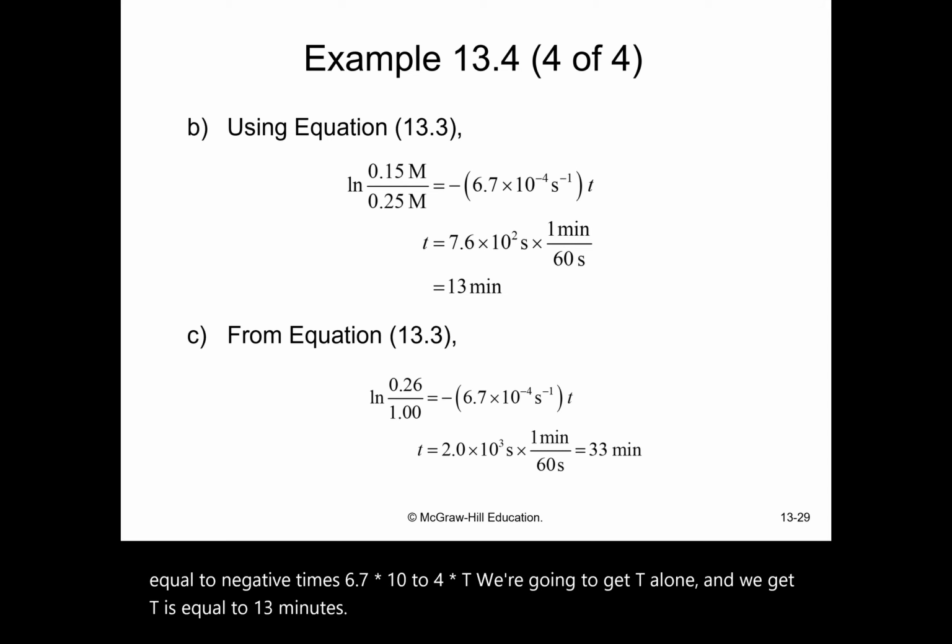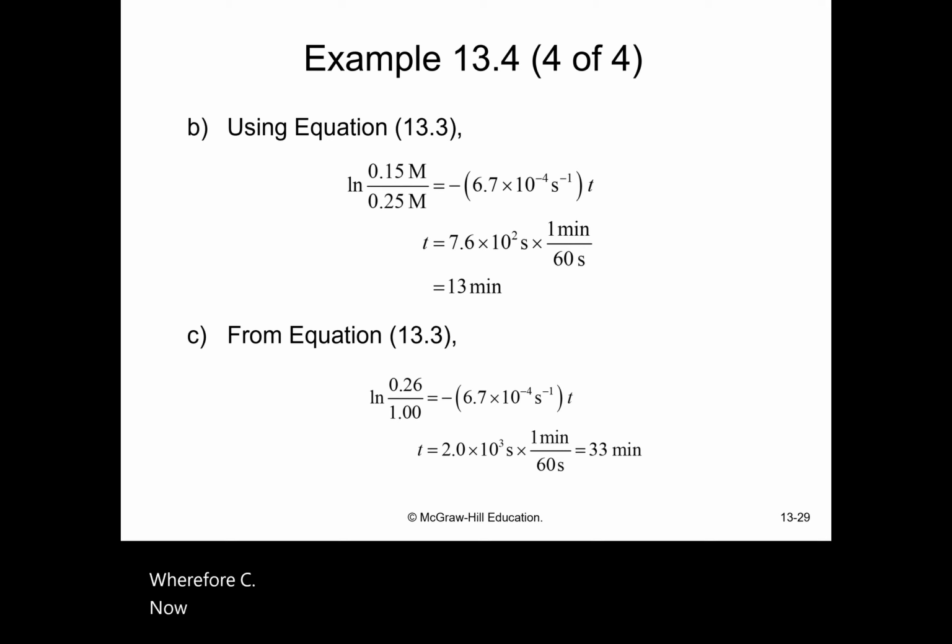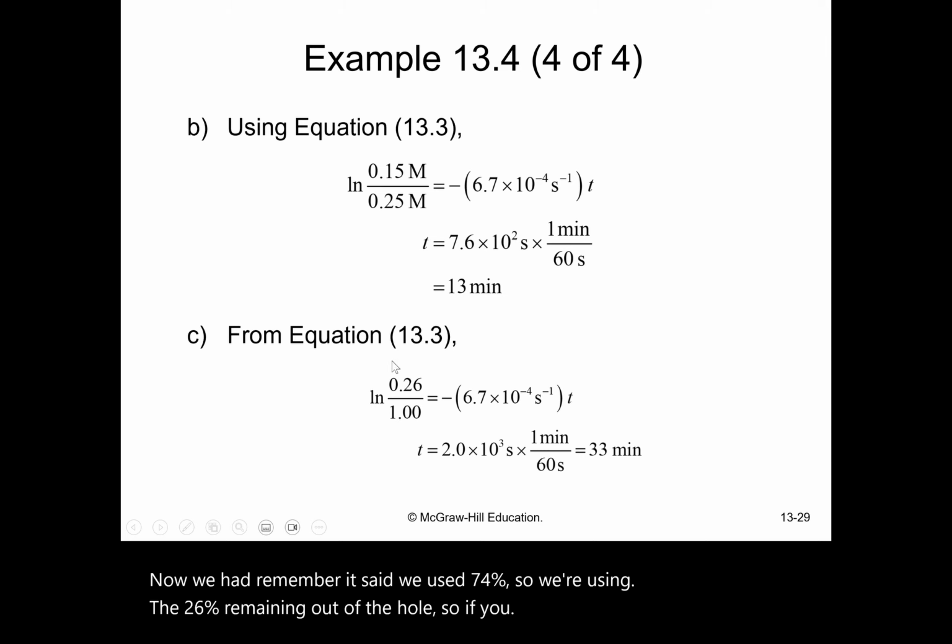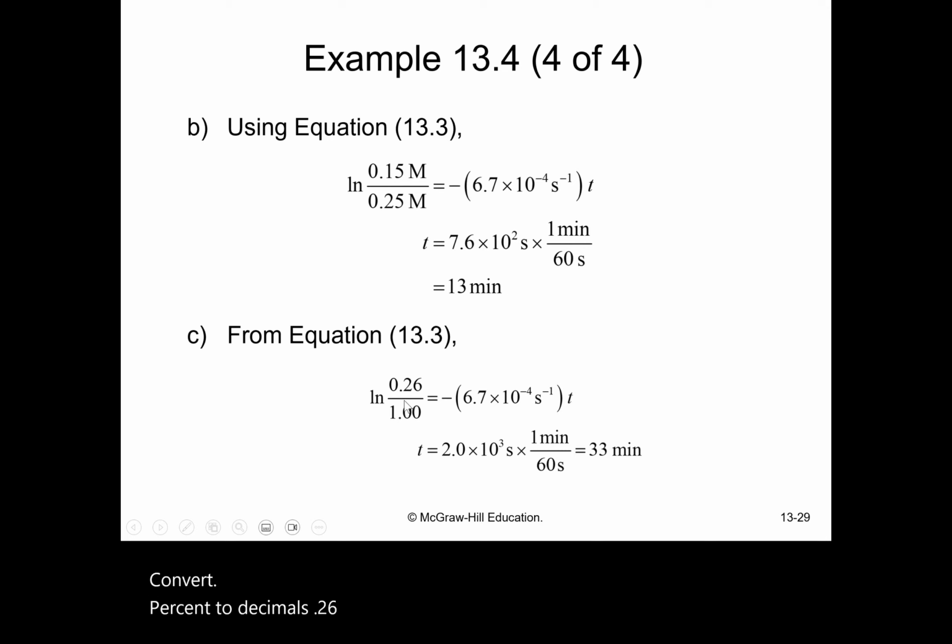For C, remember it said we use 74%, so we're using the 26% remaining out of the whole. If you convert percent to decimals, you would divide by 100. So 26 divided by 100 gives you 0.26.